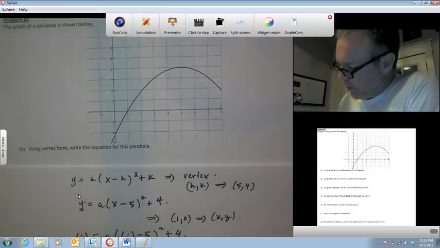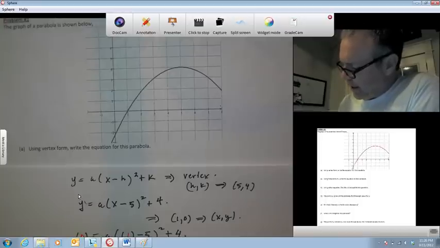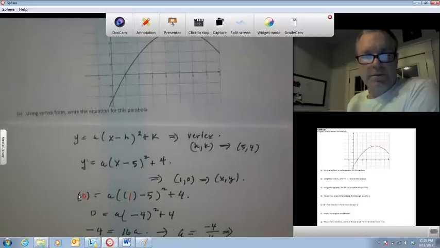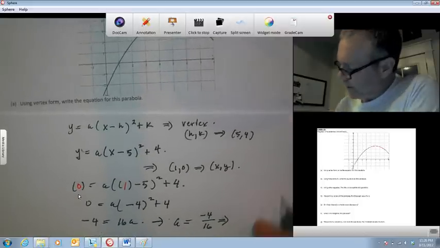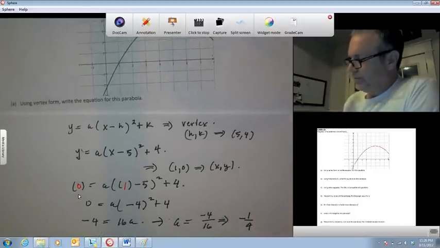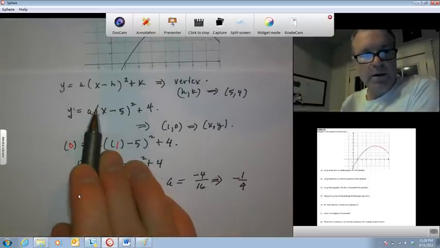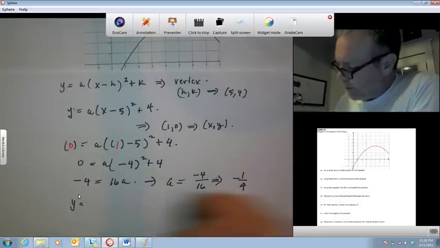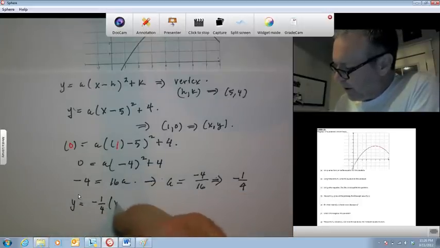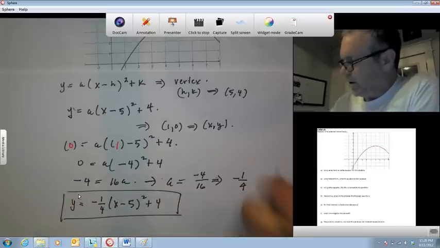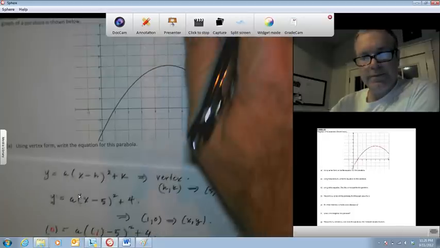Then this becomes -4 = 16a, and solving for a, we get -4/16, which is -1/4. That will go in for the a value right here. y = -1/4(x - 5)^2 + 4, and that is the vertex form of that parabola.